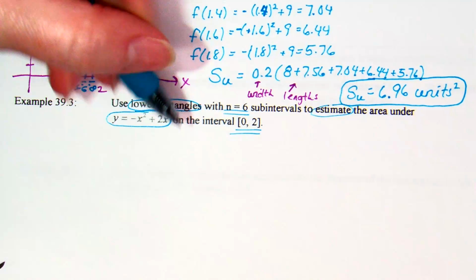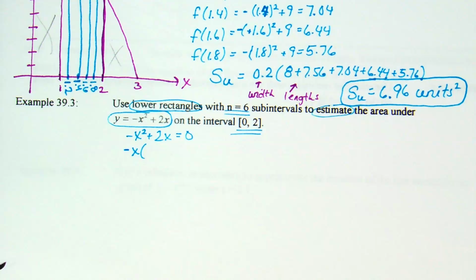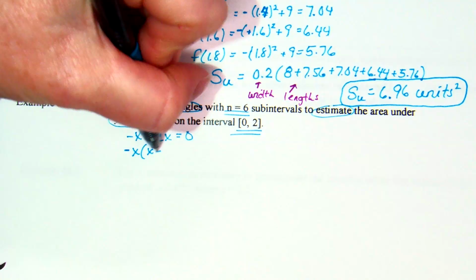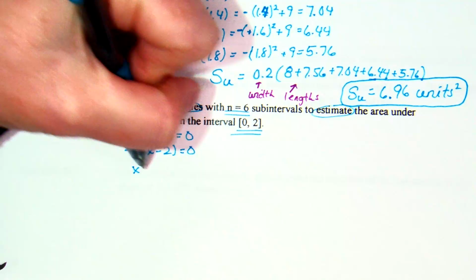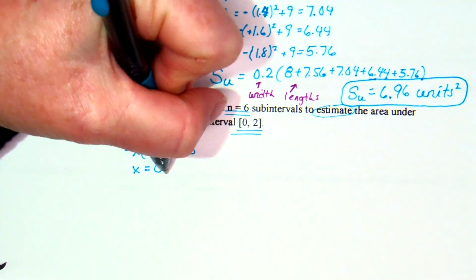If I factor this, if I take negative x squared plus 2x and set it equal to 0, you can factor out a GCF of negative x, and then what am I left with in my parentheses? X minus 2. If I set each of those equal to 0, I'm going to get x equals 0 and 2.